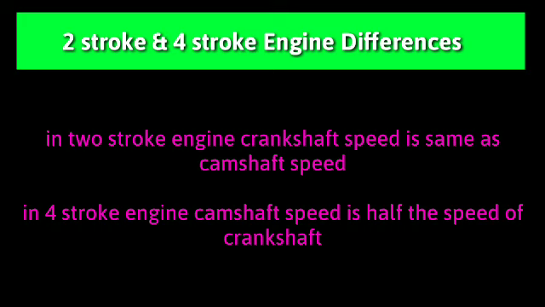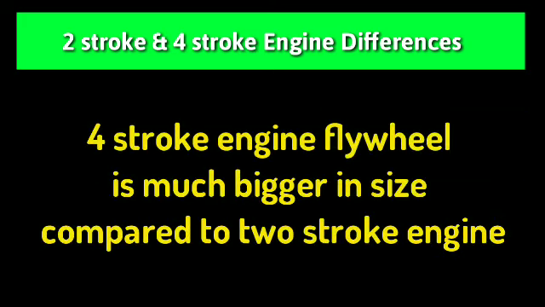One more difference between a two-stroke engine and a four-stroke engine is their flywheel. In a two-stroke engine, the flywheel is smaller compared to the four-stroke engine, because the function of the flywheel is to store rotational energy and maintain constant RPM throughout the cycle. In a two-stroke engine, there is firing in every cycle, in every rotation.